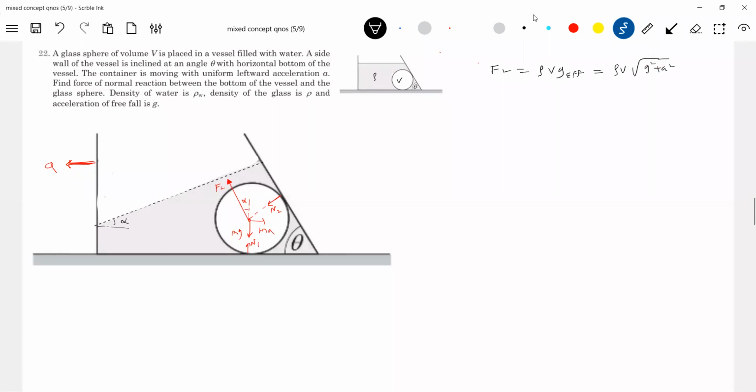I think I gave one question in the assignment which was related to this thinking only. Even in static fluids, I can ask you some sort of forces related to this. If the container were at rest, it would have been only G. Because of the acceleration of the container, effective G will come into the picture. Okay, I think the rest is all equating forces. What is tan alpha? Tan alpha should be A by G.